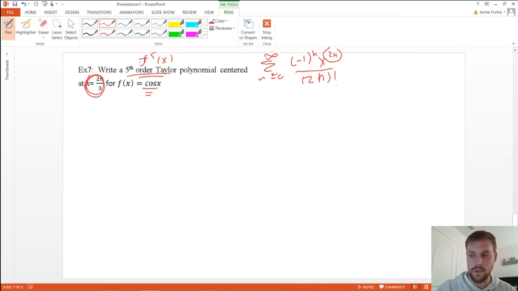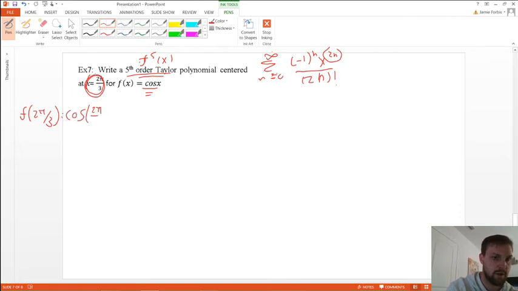I'm trying to think of space-wise how I'm going to do this. I'll do it right here. So we'll do f of 2 pi over 3, which is equal to the cosine of 2 pi over 3, which is equal to -1/2.